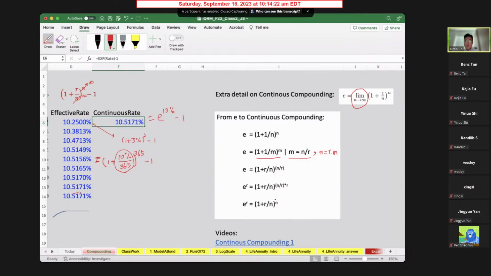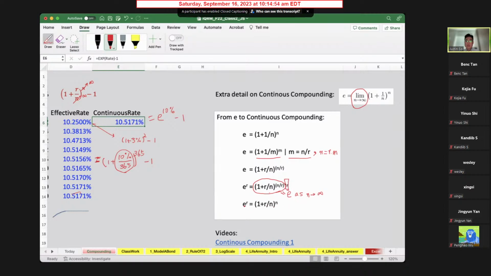If you're not familiar with this, do it with pen and paper. But in this conversion, this whole thing actually becomes E, as N goes to infinity. We skipped the limit sign here by assuming N goes to infinity. But this R stays outside still.